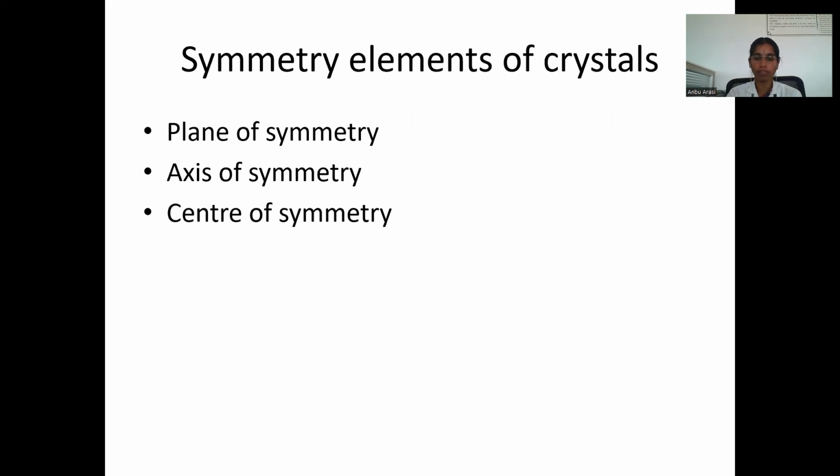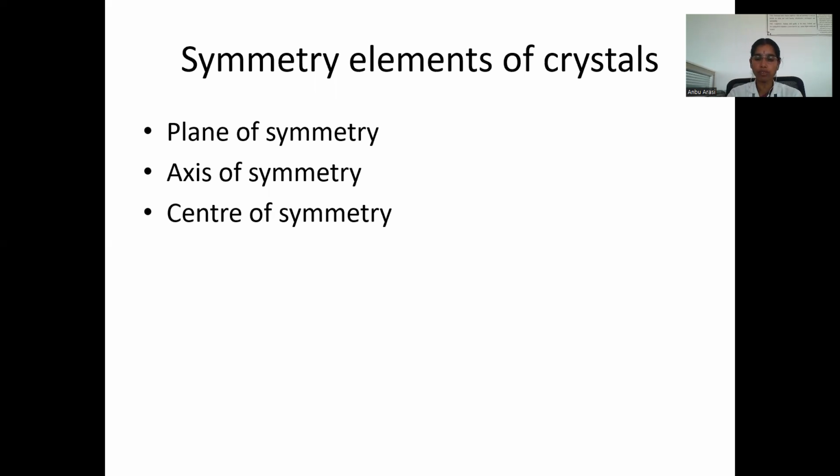of symmetry. What does it mean by plane of symmetry? A plane of symmetry of a crystal is an imaginary plane which symmetrically divides the crystal into equal parts in such a way that one part is the mirror image of the other. That is called plane of symmetry. Next, axis of symmetry.